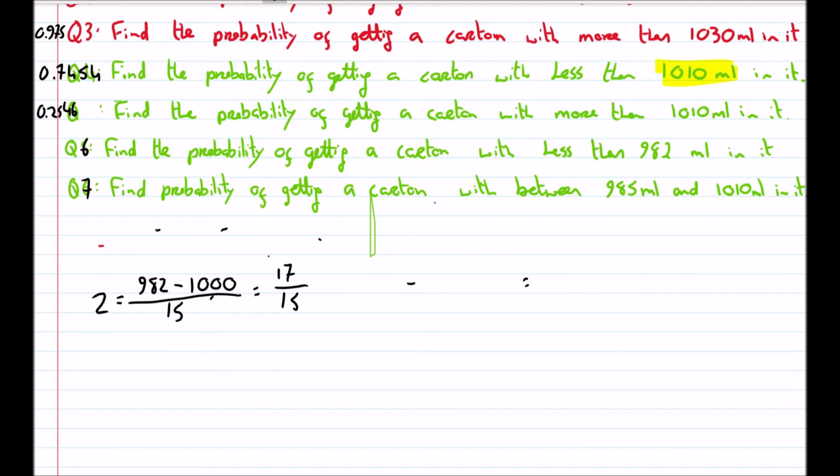Use our calculator, and it will give us minus 1.13. So there's our z-score.